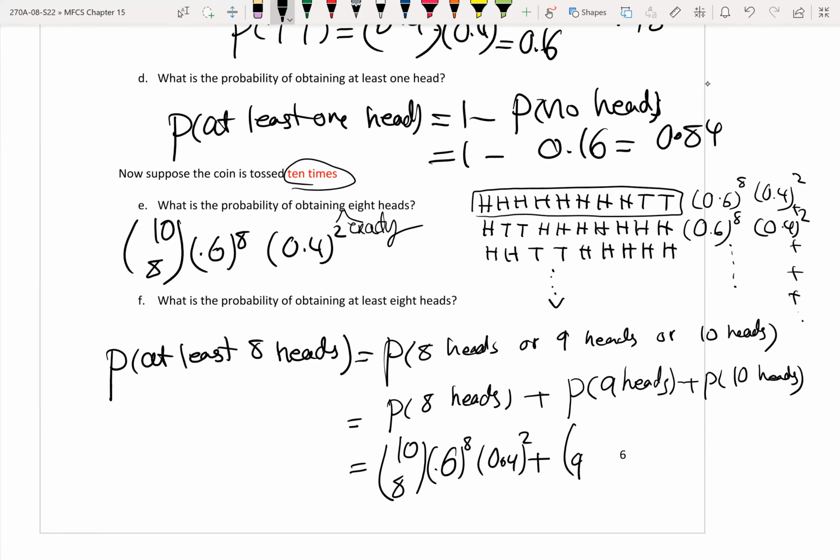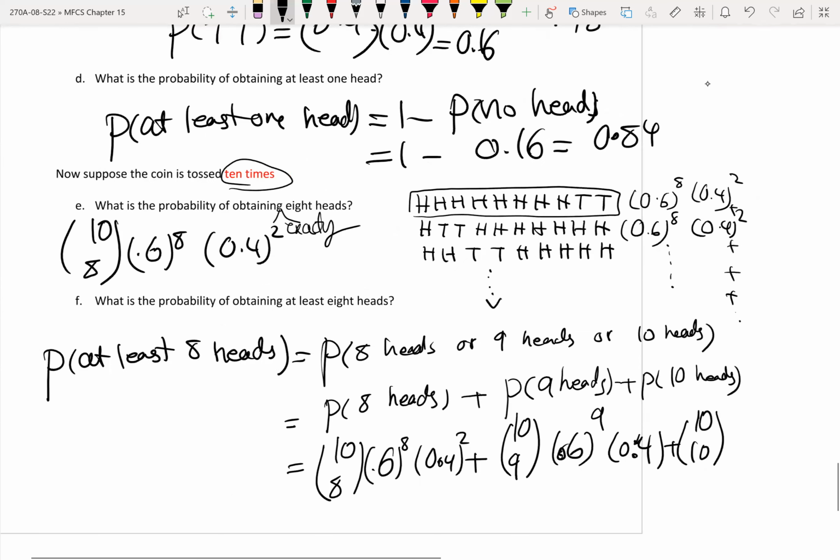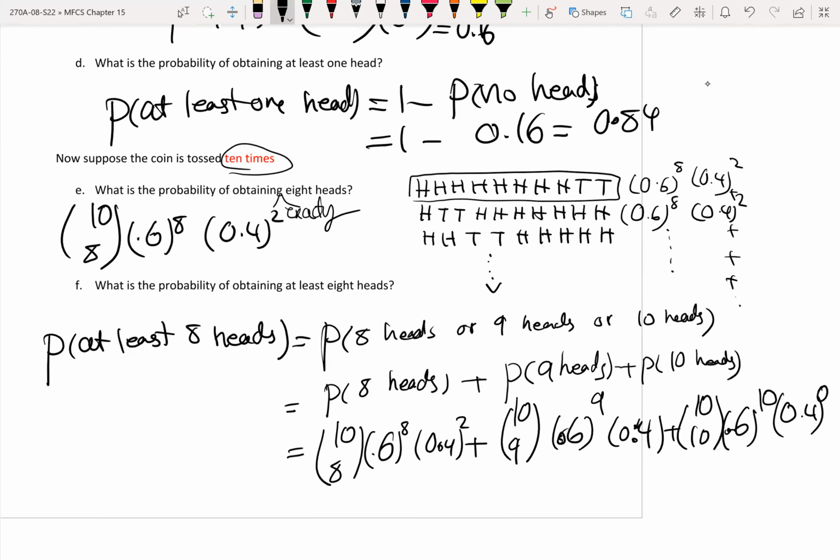Then you have 9 out of 10, 0.6 to the power of 9 and 0.4 one time. And then 10 out of 10, which is one case, 0.6 to the power of 10 and 0.4 to the power of 0. That you don't need to write down.